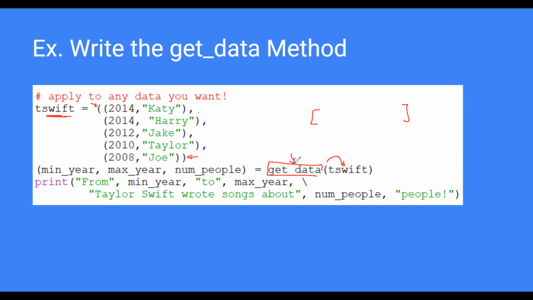We want to go through all the data here and return three different pieces of information: the minimum year, the maximum year, and the number of people. Wow, to this extent.